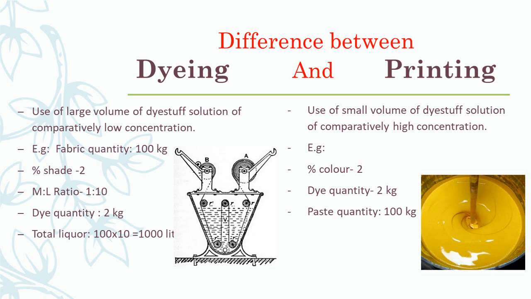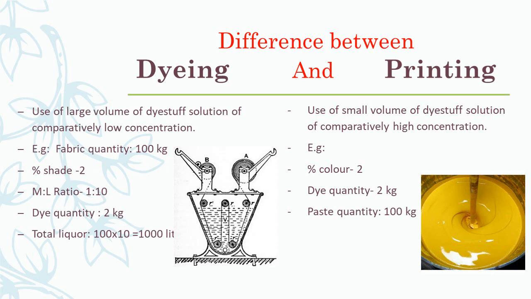What do you understand by material to liquor ratio? Dependent on the material quantity, that much liquor level has to be maintained in the machine. Now 1:10 means, suppose 1 gram of material you are taking, 10 times of it should be the liquor level. So here in this machine we are taking MLR 1:10.